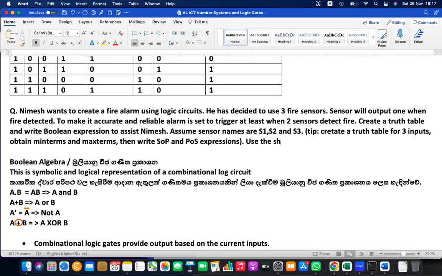Use the shortest Boolean expression and draw a circuit.